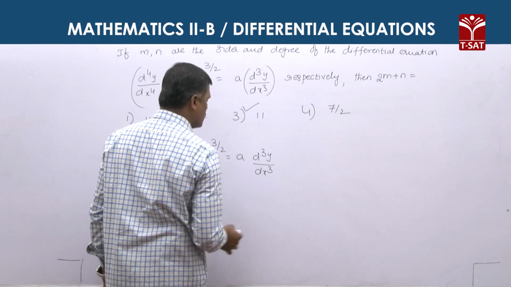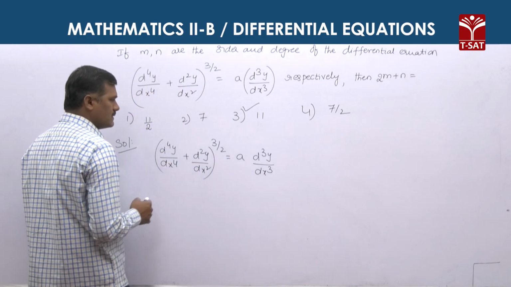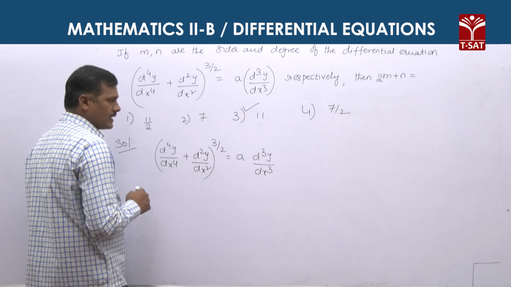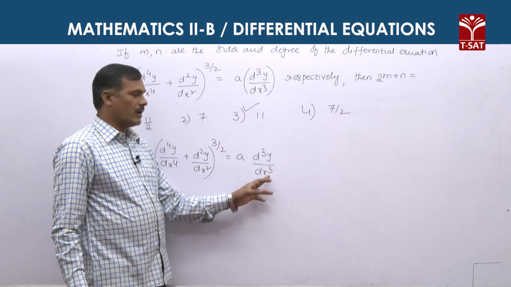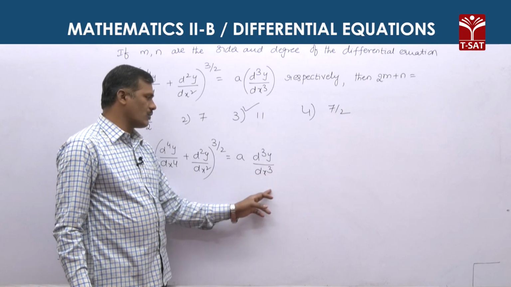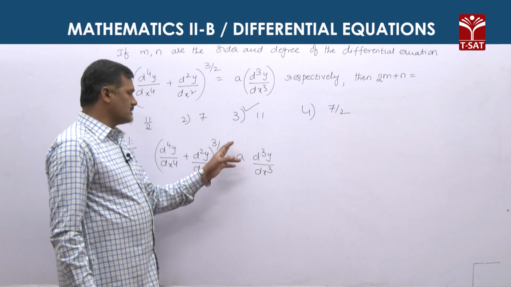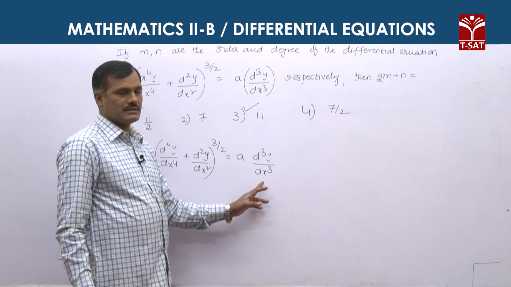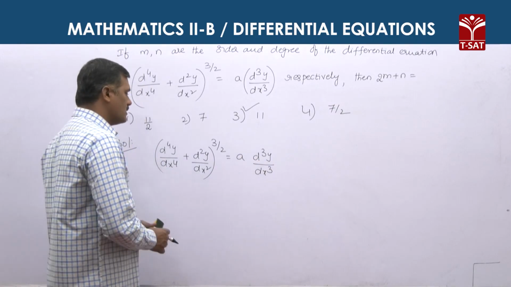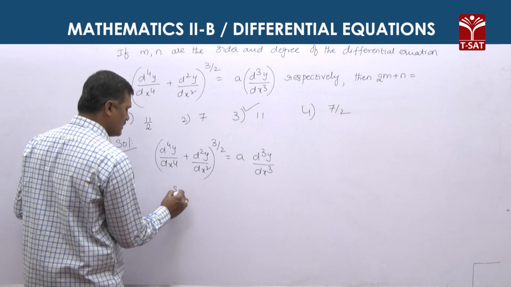This is the given differential equation. Now raise the square on both sides. Don't raise the power 2 by 3, because the right side has a differential coefficient. If we raise 2 by 3, it would contain a 2 by 3 fraction, again having a fractional value. That's why squaring on both sides.